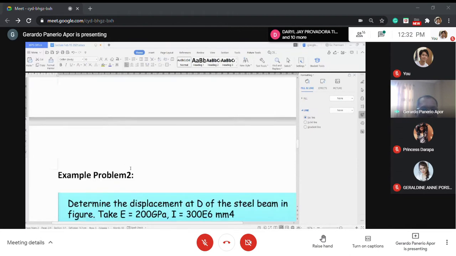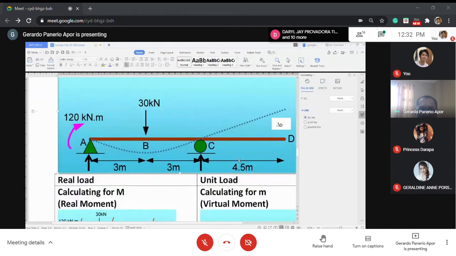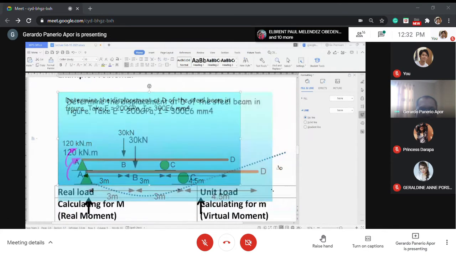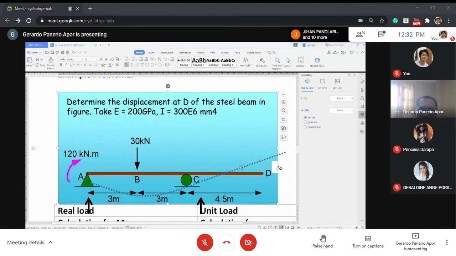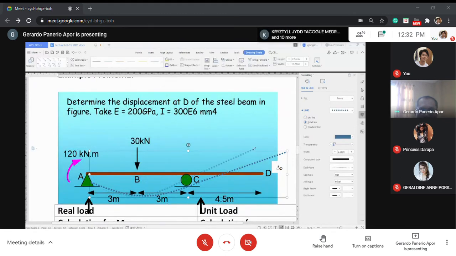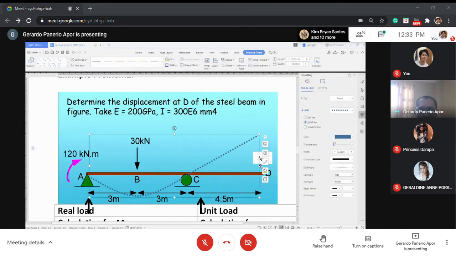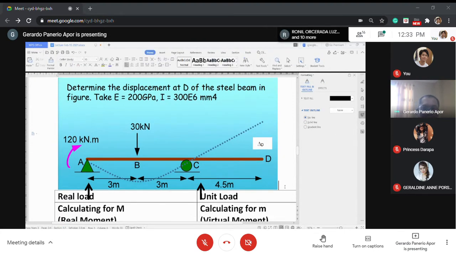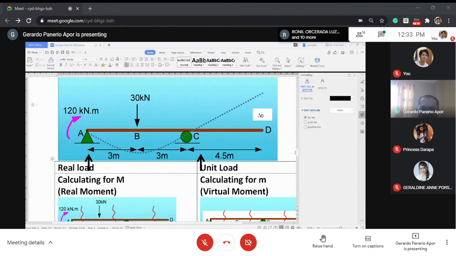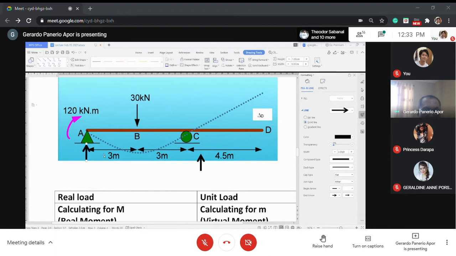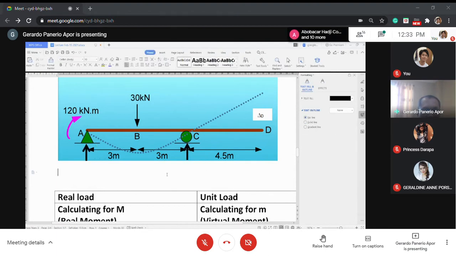And if I'm going to determine the solution here, okay, that's B. So if I'm going to determine the solution here, this is the reaction.